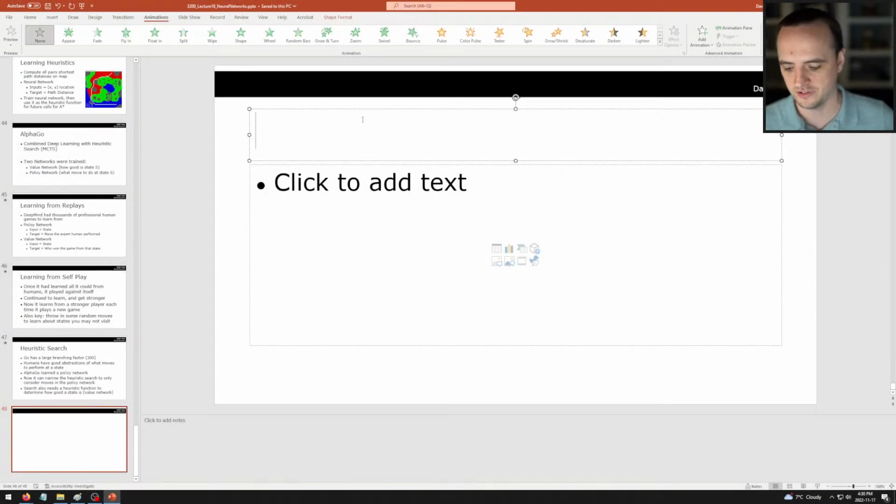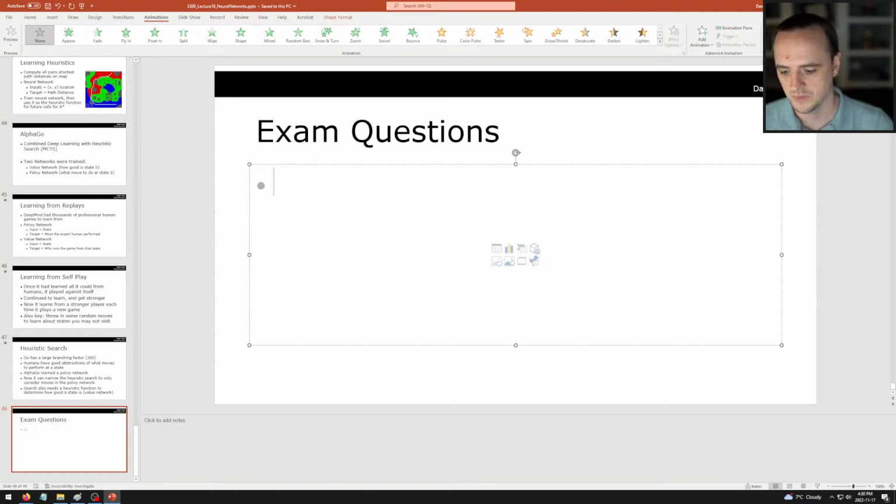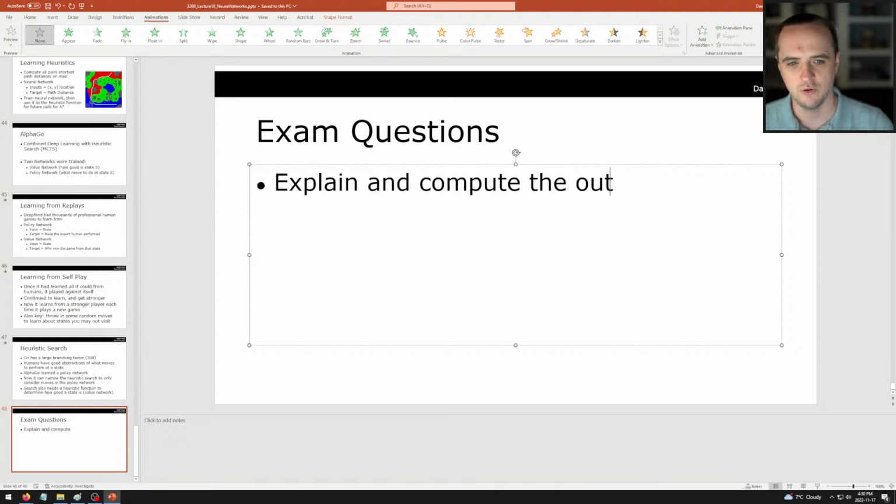When it comes to exam questions, let's do that live, shall we? Here we go. So possible exam questions for neural nets. Explain and compute the output for a TLU or simple neuron.